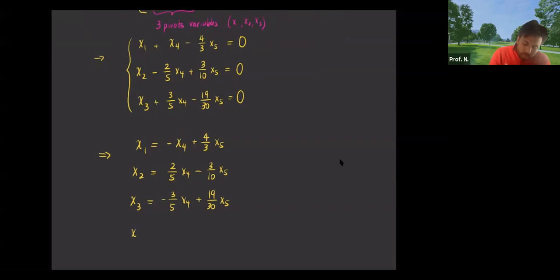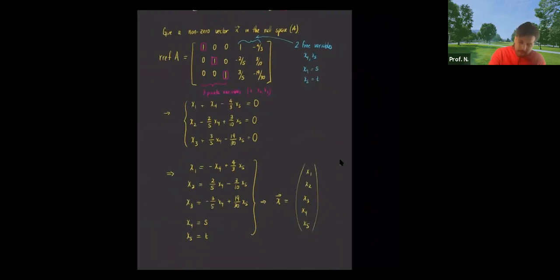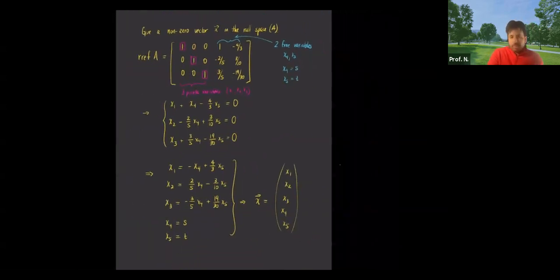And x4, I call it S, and x5, I call it T. Now remember, what are these? x1, x2, x3, x4, x5 are the components or the entries of my vector. I'm trying to look for all the vectors that when I plug it into this system, I get 0.